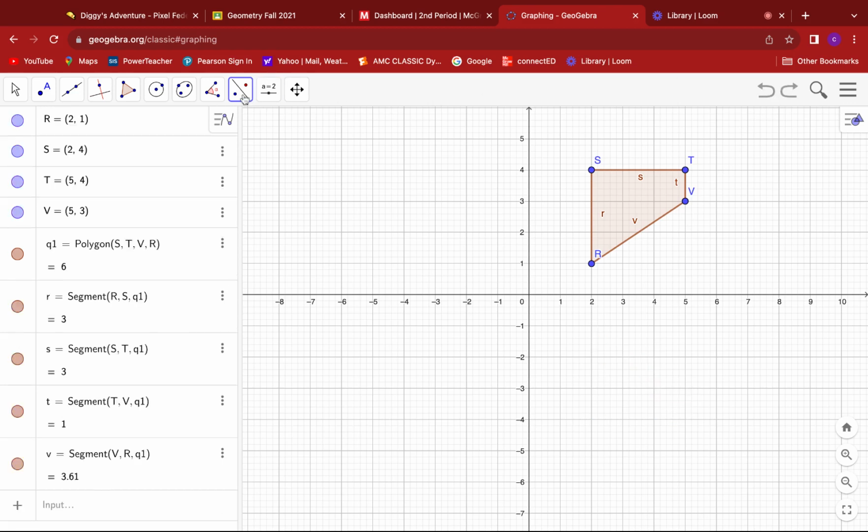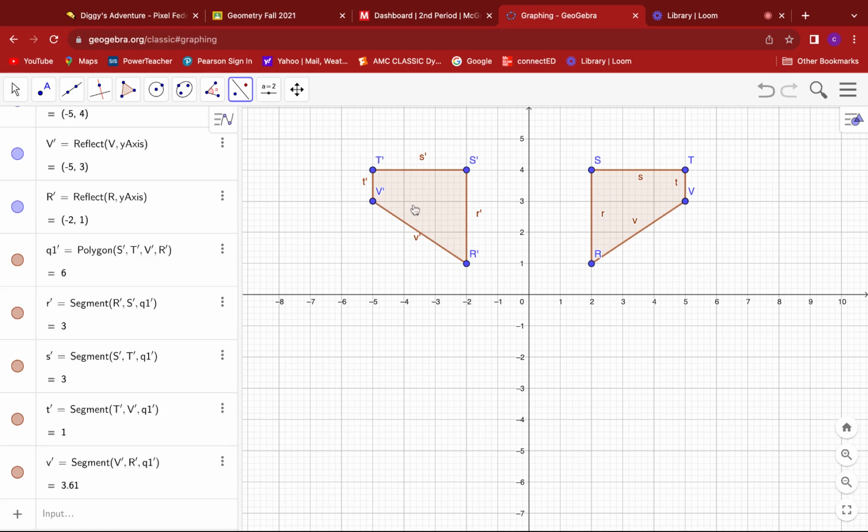All right, now let's reflect it across the y-axis. So I'm going to click on my figure, click on the y-axis, and it flips over. Okay, so again, my pre-image is positive for x and y, but now I'm sitting in quadrant 2, where to get over here, I have to go left before I go up.